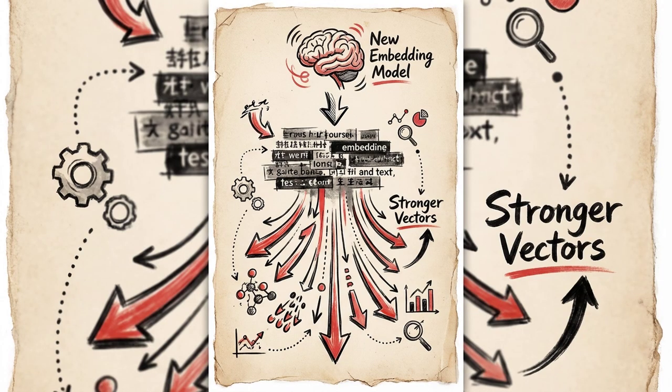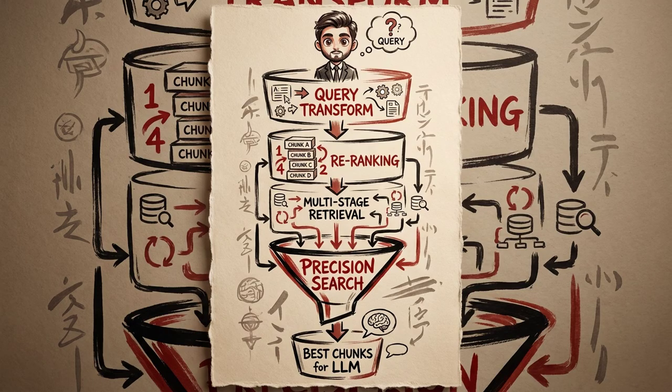The choice of embedding model matters. Use a model that's well suited for your domain and data type to create more accurate and meaningful representations. Implement advanced retrieval techniques like query transformation, re-ranking, and multi-stage retrieval to find the absolute best chunks for the LLM.